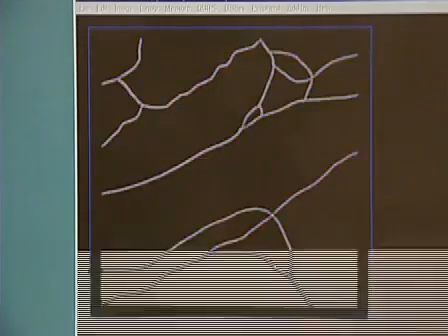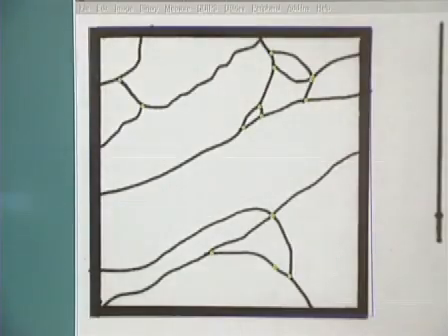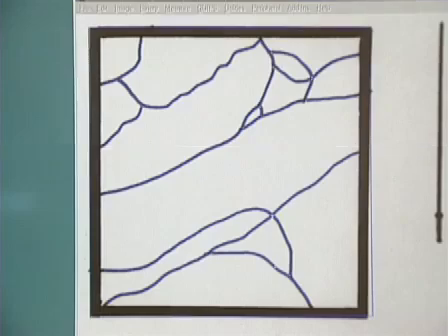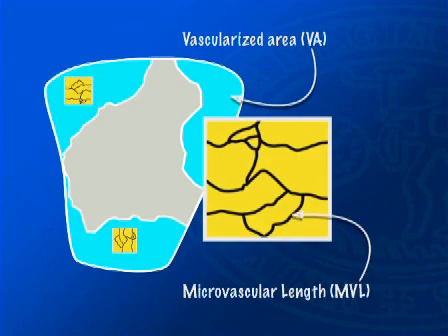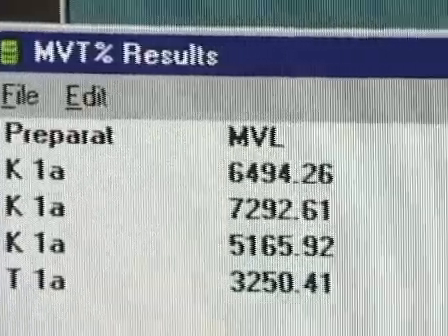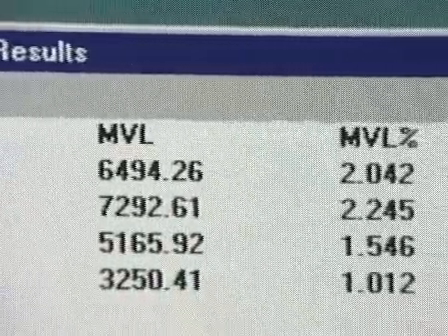The machine then measures the number of pixels, which represents the vessels, and are expressed as a fraction of all the pixels in the view field. This percentage figure, the microvascular length, or MVL, represents the length of microvessels in each unit of the vascularized area and is a composite measurement of the microvessel density.